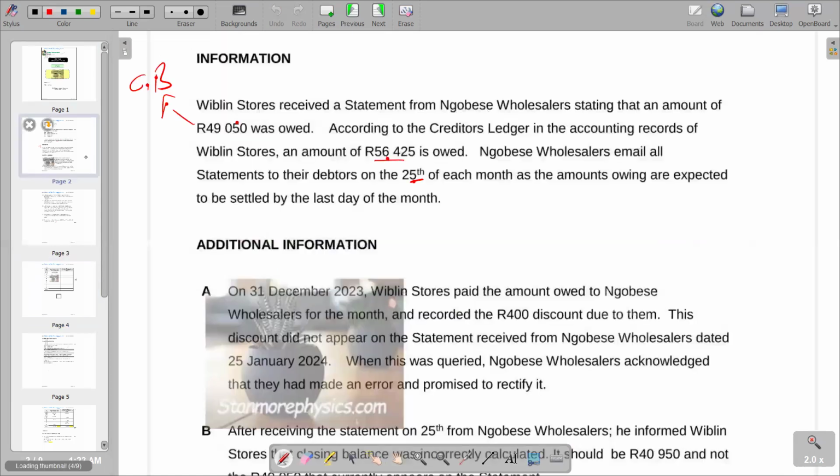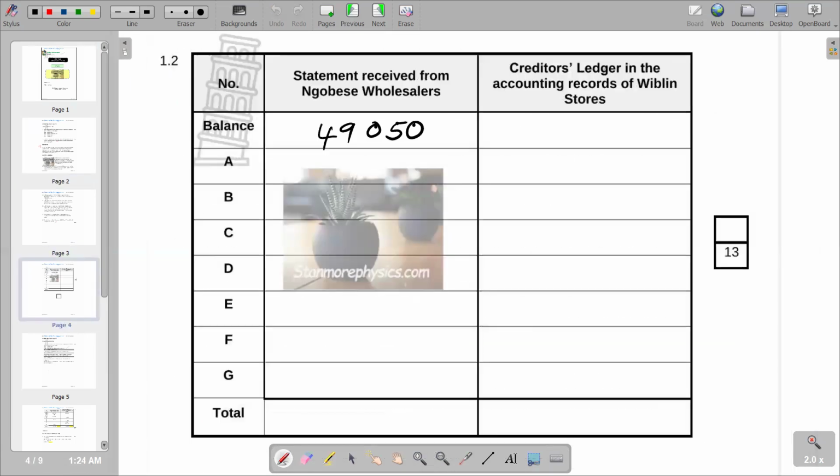Then if you go back again, you will see that we are given, according to the creditors ledger in the accounting records of the previous store, an amount of 56,400 rands owed. So this is now the opening balance in the ledger column, the creditors ledger column. So our opening balance is 56,125. So basically, that's what we have.